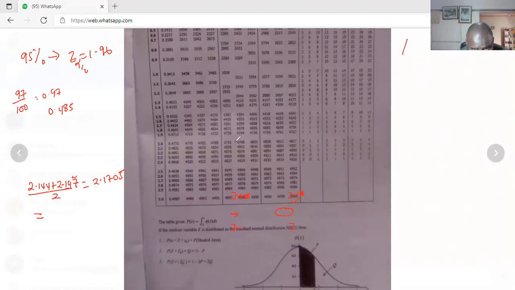There is 0.4803, so we have bypassed 0.48. This is before 0.48. Now to get to 0.48, you have to add on a 2 at the extreme.